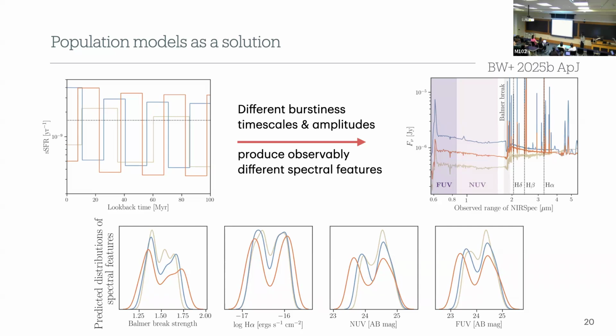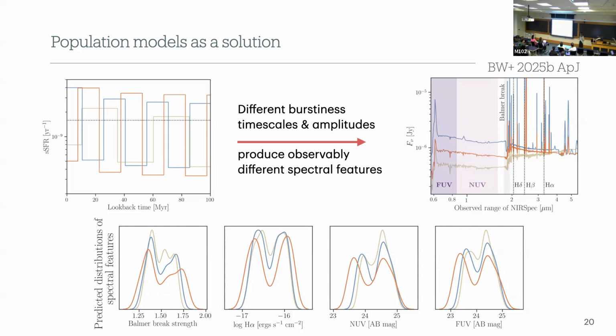Now, what if we group them? This is a distribution of galaxies that have the same hyperparameters in bursty star formation, meaning they share the same timescale and amplitudes in burstiness. We can simulate a bunch of different galaxies, assuming the same single-population star formation model, and this is the result. The actual axis doesn't really matter.